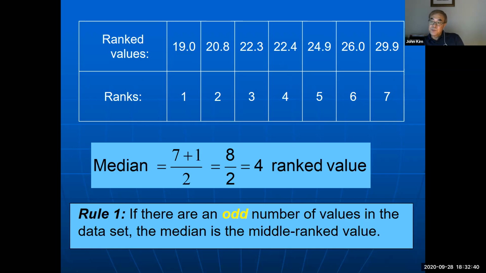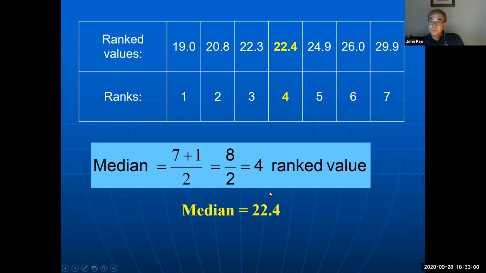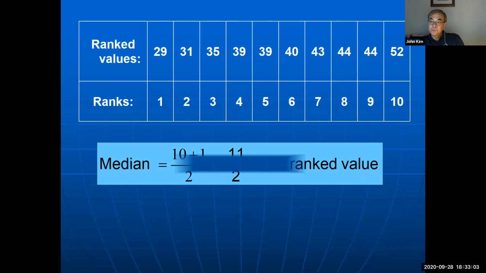Rule 1, if the sample size is an odd number, then plus 1 divided by 2 is a whole number. So just use that number. But if the sample size is an even number, then plus 1 divided by 2 is always 0.5.